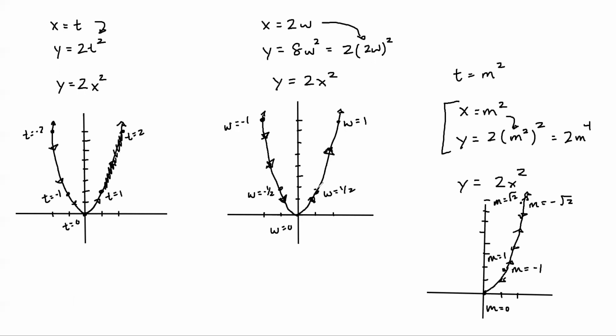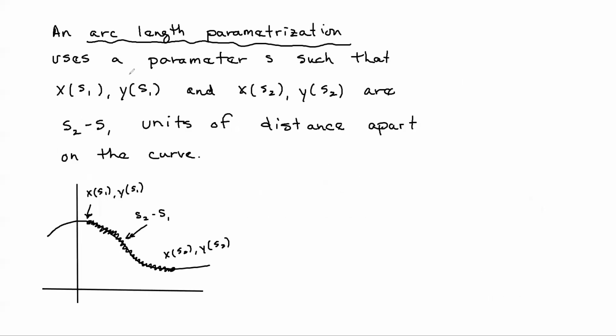The same thing goes for here. Here's 0, here's 1. You have this amount of arc length that you traveled to get from w equals 0 to w equals 1, and that's not going to be 1 unit of length. So this is a special thing that has to do with a parameterization that is in terms of arc length.